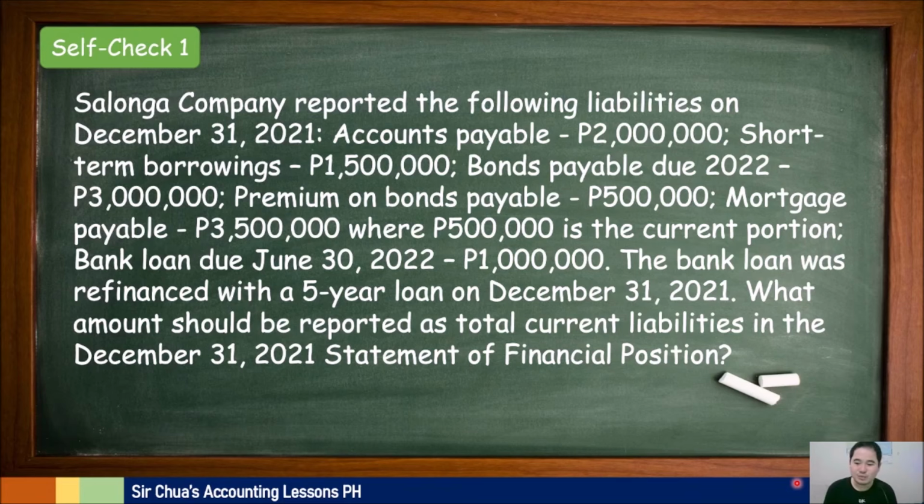The bank loan was refinanced with a 5-year loan on December 31, 2021. What amount should be reported as total current liabilities in the December 31, 2021 statement of financial position? Pause the video if you need more time to think and play it again when you're ready.